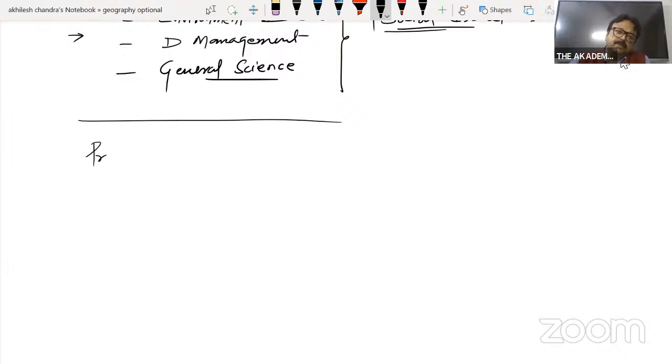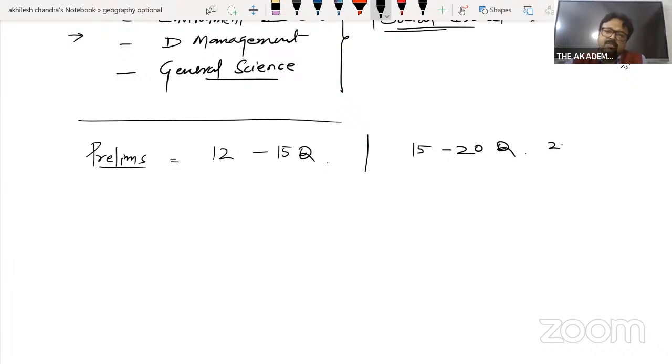Let's take up this prelims. In prelims examination, you happen to have on an average 12 to 15 questions from geography, and sometimes if the paper setter is from geography background, तो वो क्या करता है बच्चे को 15 to 20 क्वेश्चन दे देता है, जैसे इस साल 2024 प्रीलिम्स में हुआ था. ठीक है बच्चे.